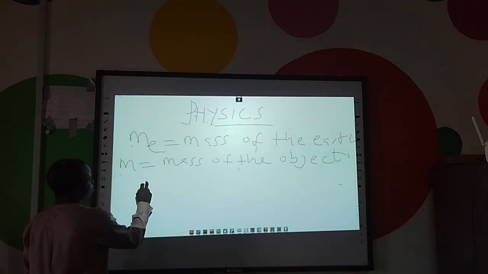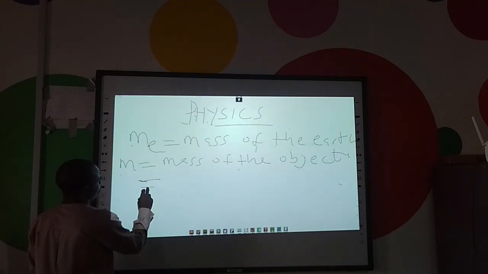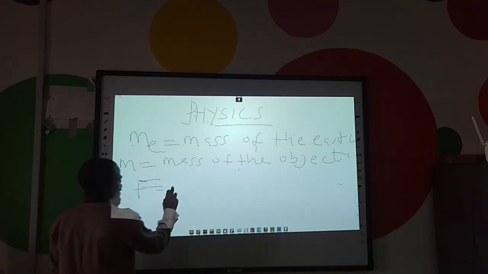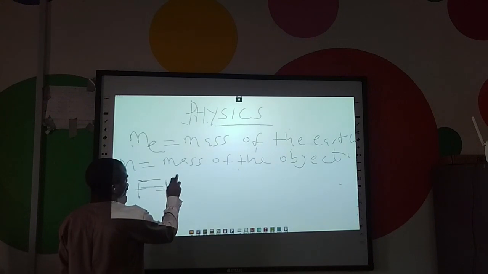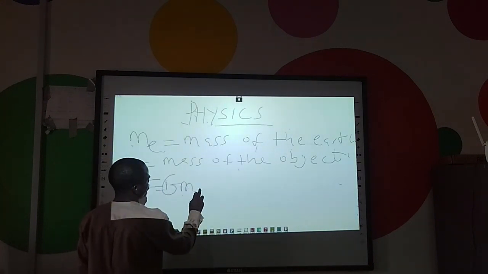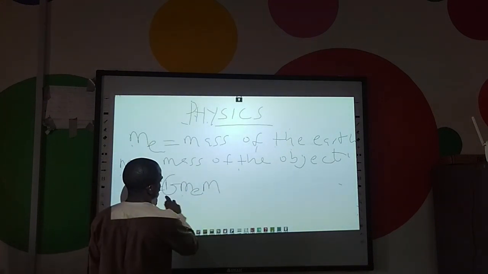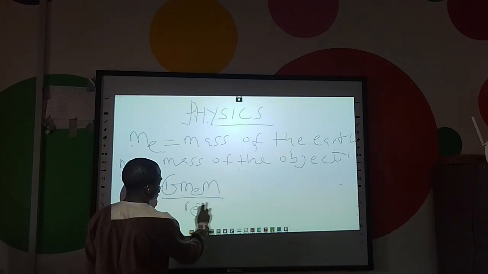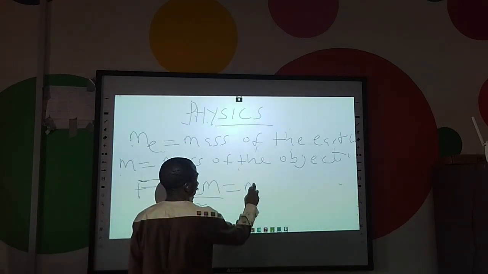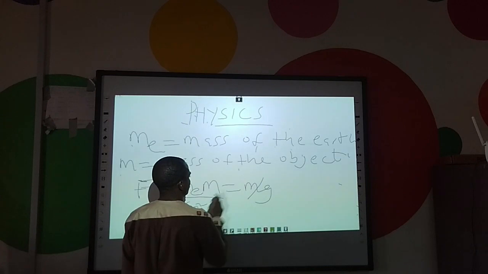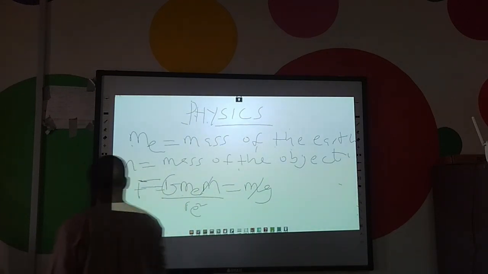Now we are going to relate the two together. As we have said before, F equals G M E m over R E squared equals mg. m cancels m.